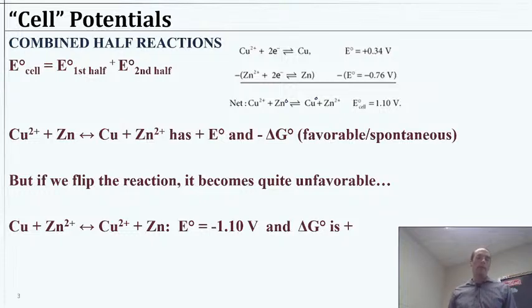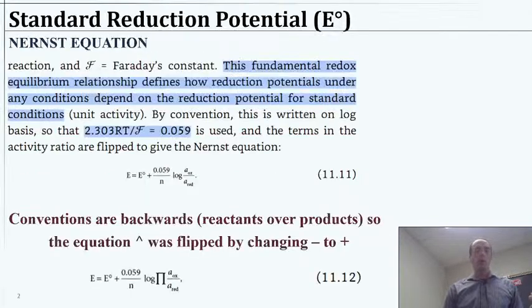When we have a positive standard reduction potential, a positive E or E naught, that corresponds to a negative delta G. And that's coming back from what we were talking about a minute ago, where this equation is almost the same thing as where we had G is equal to the standard Gibbs free energy, and I guess this is delta, right?